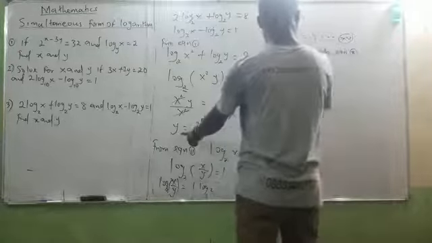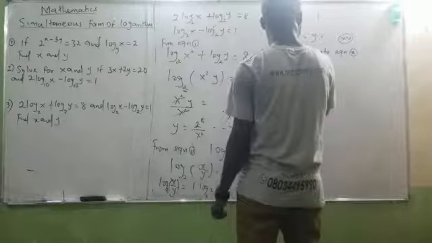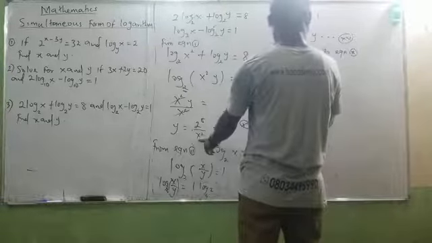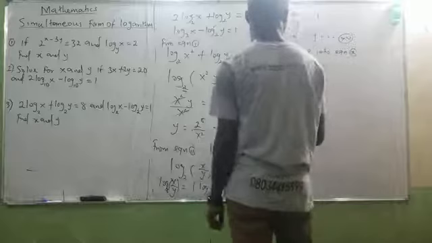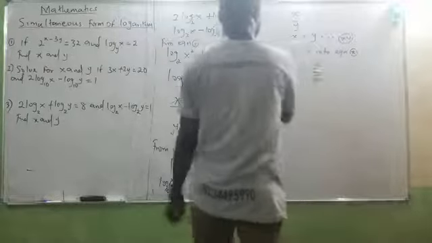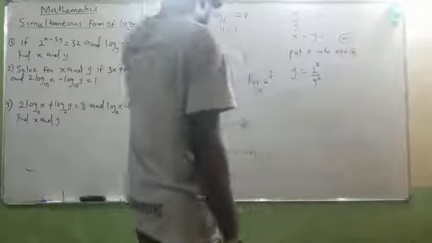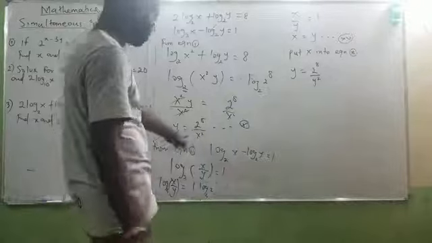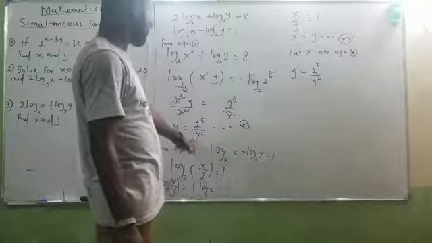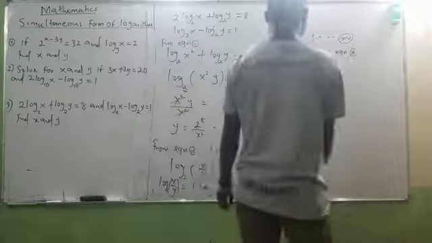I have y equals to, anywhere I see x, 2 raised to power 8 divided by what? y raised to power 2. Yes, put x into equation star. Anywhere you will see x, put x into equation 1. It means I will be having that, and that is the case.